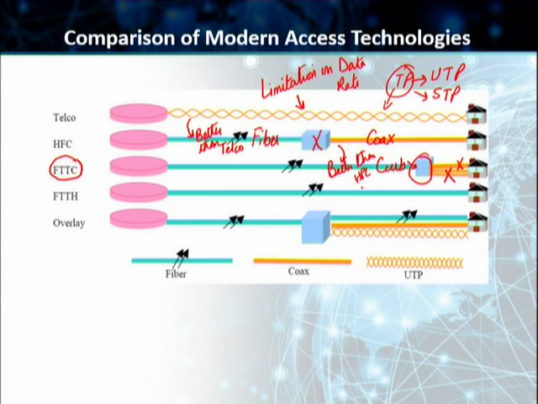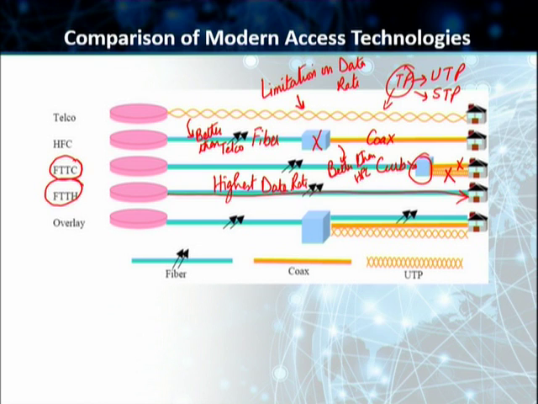And students, then we come to the technology of today, the technology of the future, and that is fiber to the home. You have a fiber cable deployed from the provider office all the way to your premises. Students, the highest data rates possible are achieved, given the applications that we have today, the video streaming, the audio, and all the high speed, high data rate applications that require the most efficient of channels.